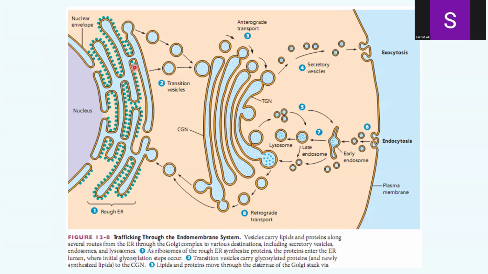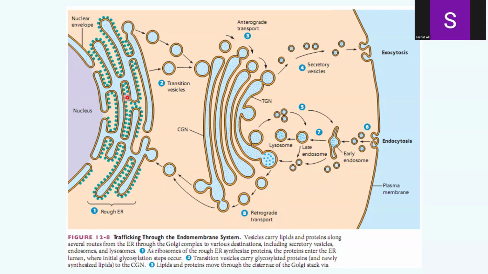So this is the ER, the Golgi. Molecules, proteins, carbohydrates, and lipids from the ER go to the Golgi. Then from the Golgi, they go to the membrane or other destinations. So this is the anterograde, which is a forward movement. And then the vesicles can go back from the Golgi to the ER. This is the retrograde transport.